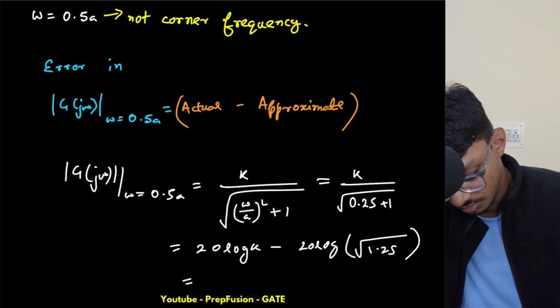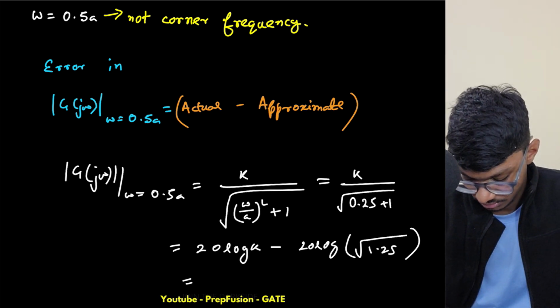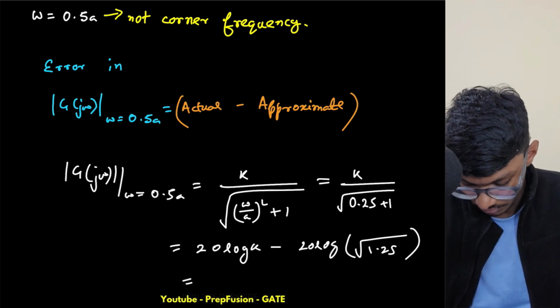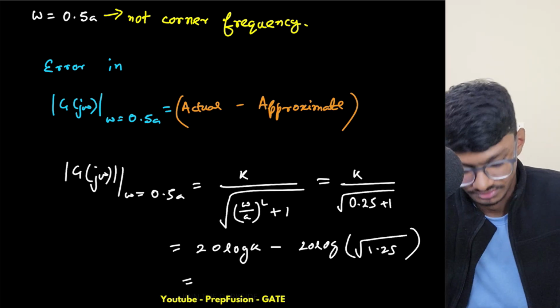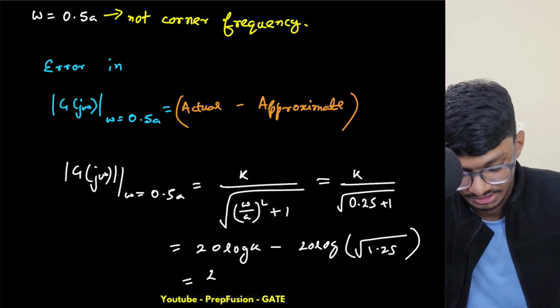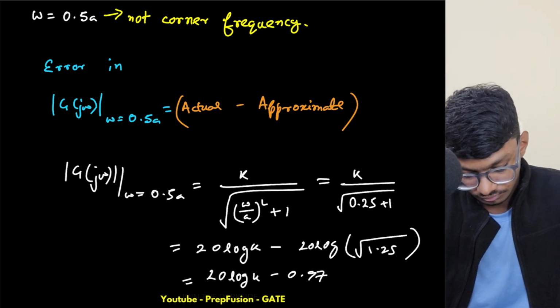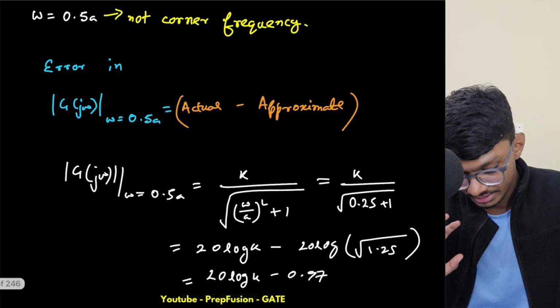Let me calculate this one: 1.25 under root and log into 20 is almost 0.97. Okay, so this will be basically the error. So this is 20 log k minus 0.97.